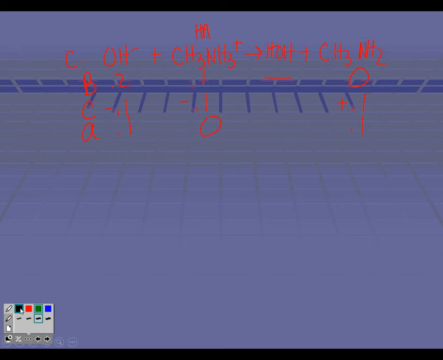Back to our third question. Is there HA left? Oh, let's go ahead and mark this. I forgot to mark this up here. That's our A minus. There's no HA. So this is not a buffer because there's no HA.